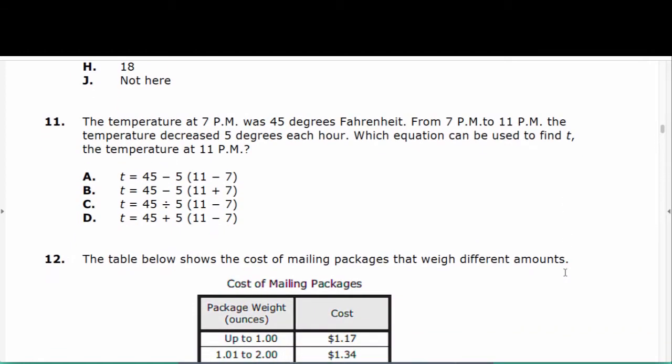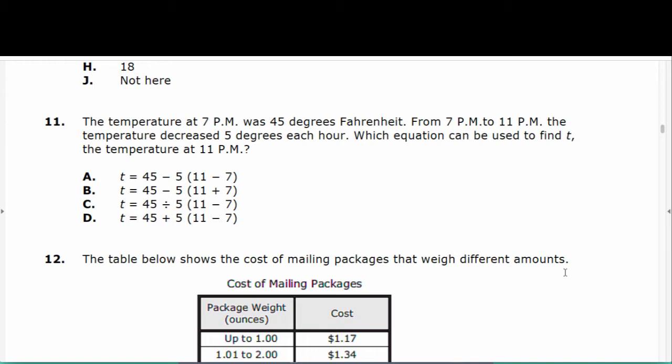Question 11. The temperature at 7 p.m. was 45 degrees Fahrenheit. From 7 p.m. to 11 p.m., the temperature decreased 5 degrees each hour. Which equation can be used to find T, the temperature at 11 p.m.? A. T equals 45 minus 5 times (11 minus 7).